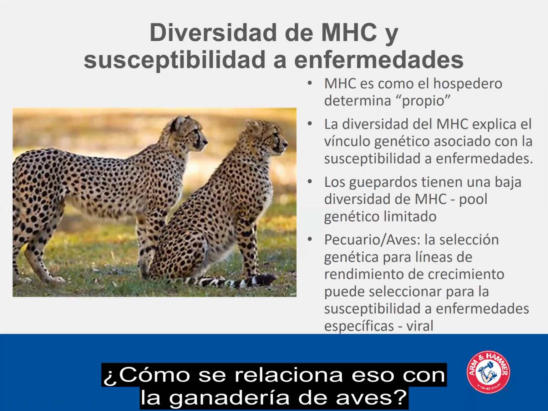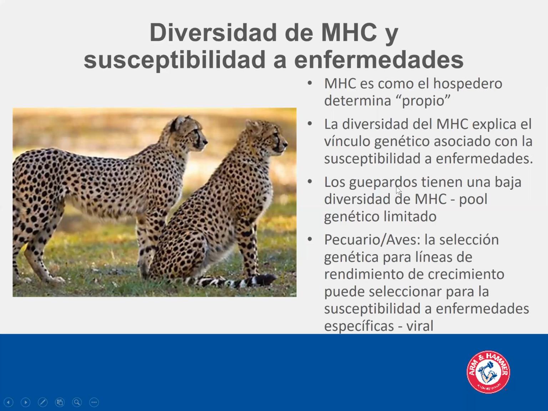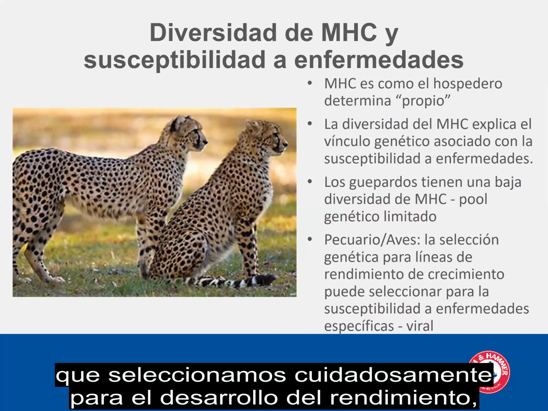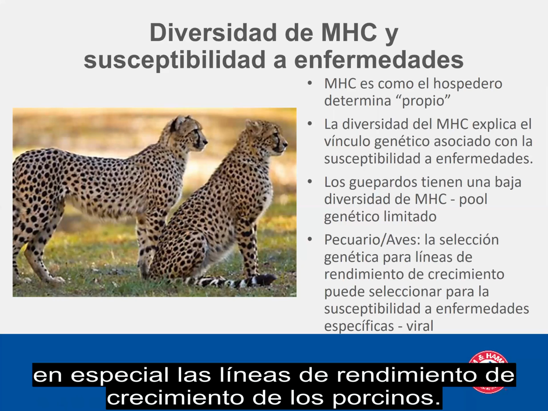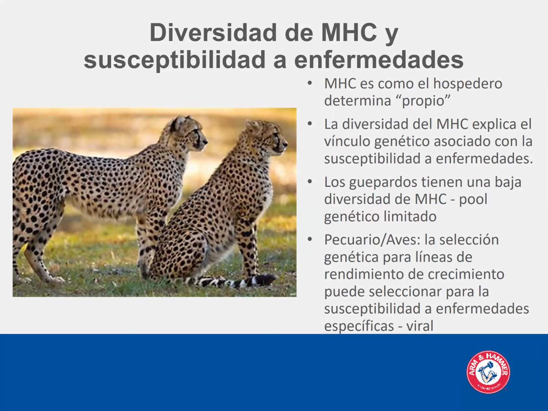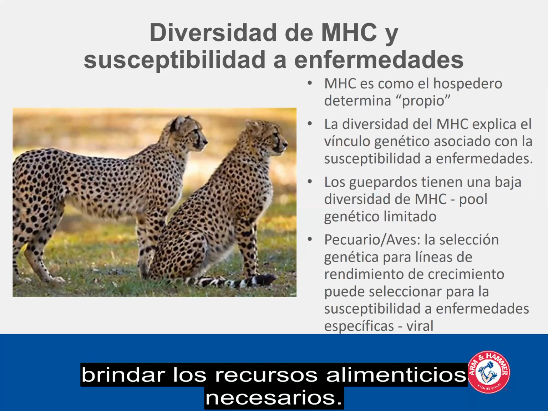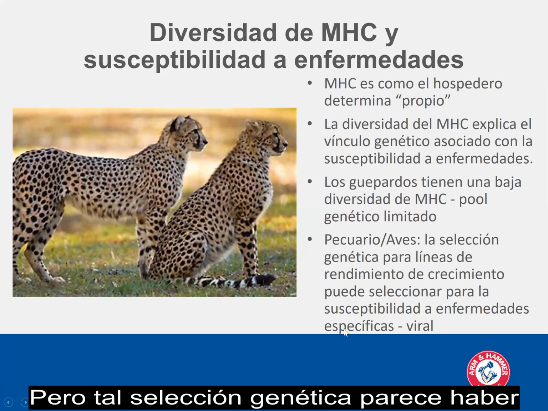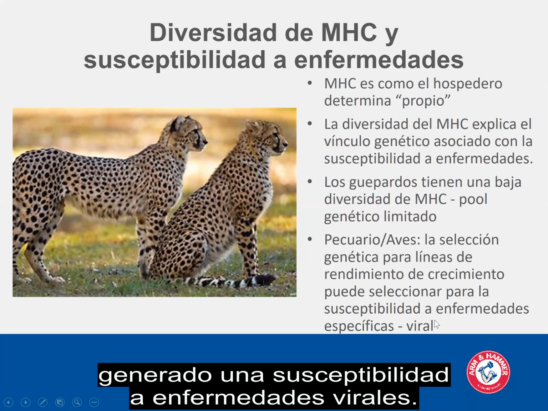Now, how does that relate to our livestock and poultry? There's lots of talk, particularly with our modern genetics in swine, where we selected very heavily for growth performance lines, specifically lean growth performance lines of pigs. And our modern pig really is genetically selected to most efficiently deposit feed resources as lean tissue. But with that genetic selection seems to have brought about a susceptibility to viral diseases.